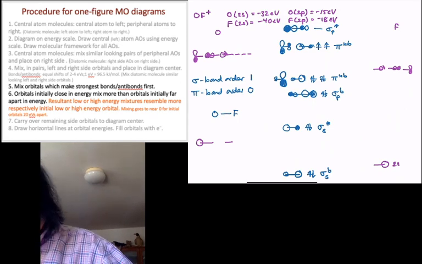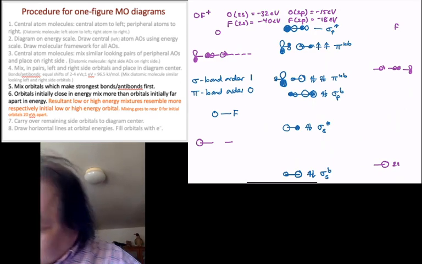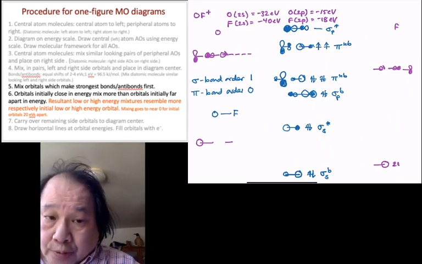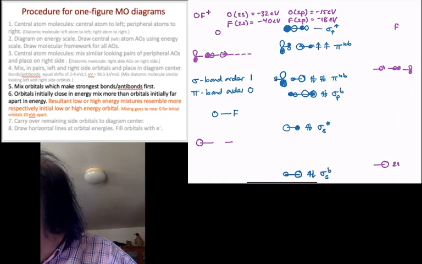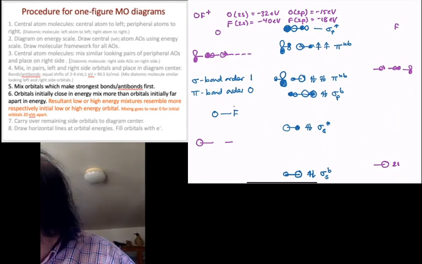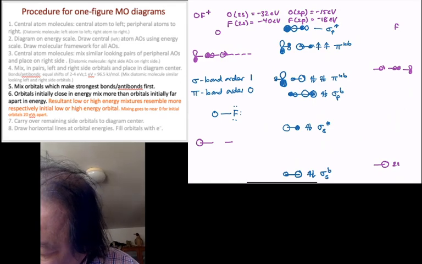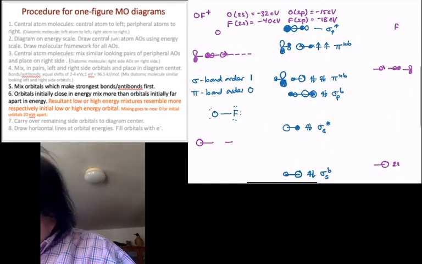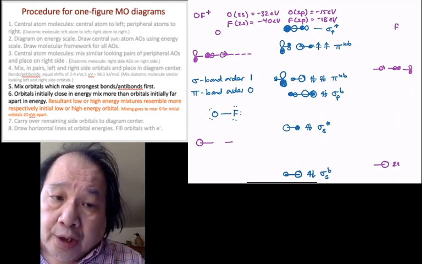Which atom is going to get most of the lone pairs? Which is the more electronegative atom? It will be the fluorine. So we will end up with fluorine getting 3 of the lone pairs, oxygen 2. And you actually can see a bit of that because notice that the unfilled orbitals are mainly on oxygen.